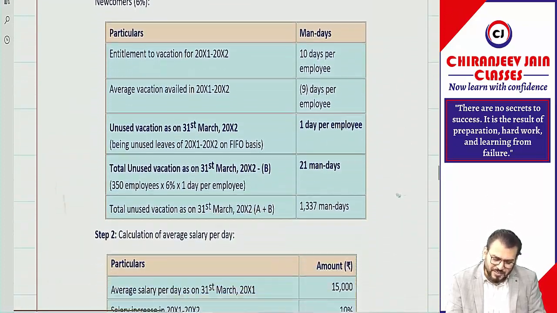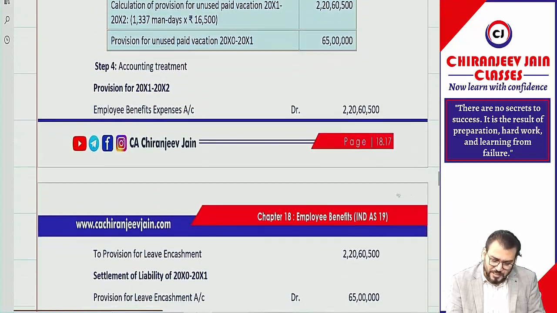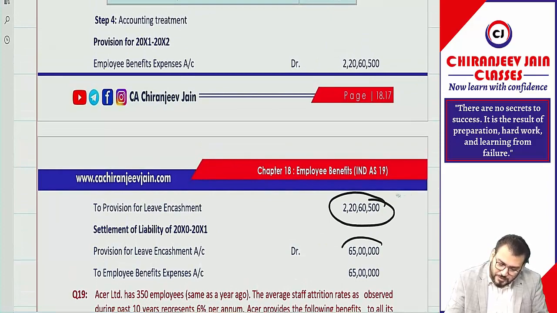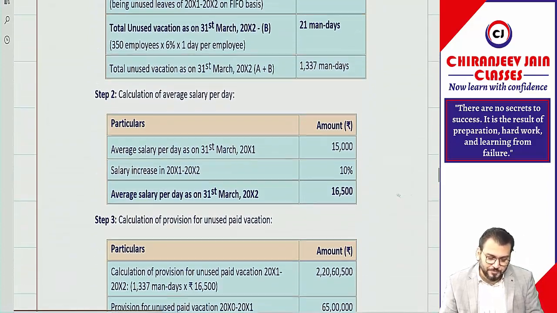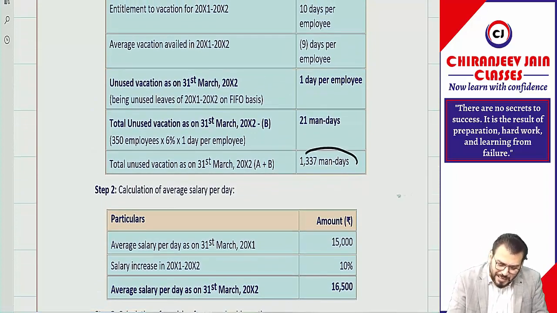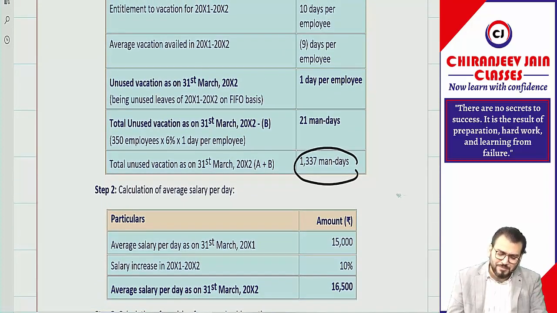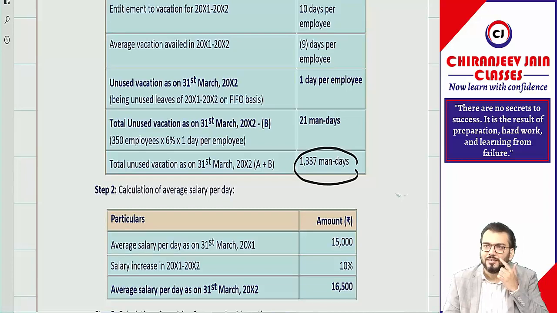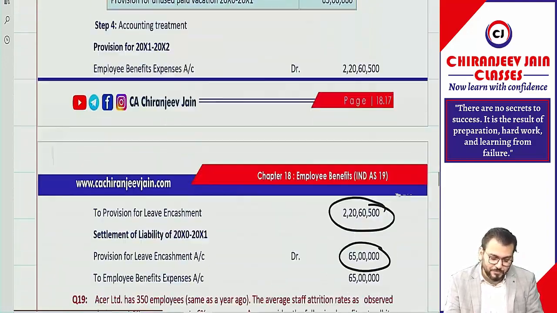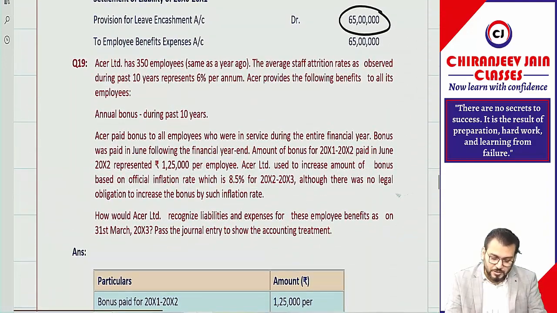You can refer to the answer. The answer will come the same only, check it. The same answer is coming. The presentation may be different. Means they have calculated in days. Why calculate? Okay, leave it. Understood? If you want to refer to it, correct? Yes sir. This also you have understood.